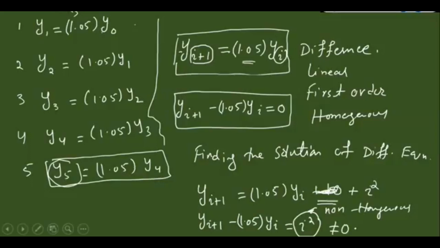Whenever the right hand side is not 0, we call it a non-homogeneous difference equation. It is not always a constant number; it could be a function depending on i or any other value. Okay, so these are the examples.